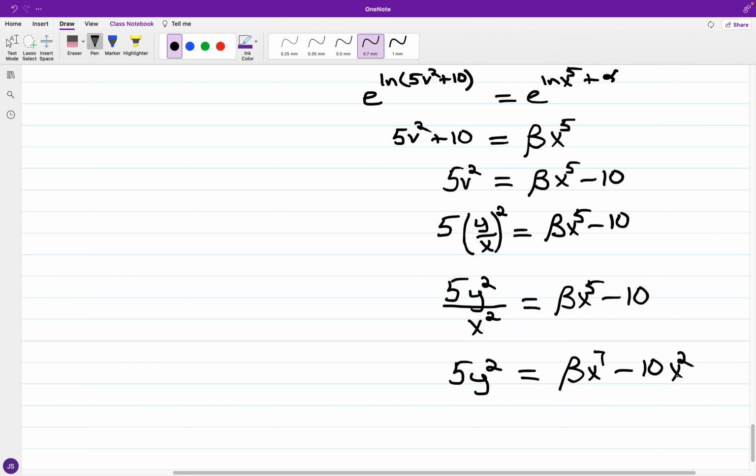And so for what we're going to have in this particular case, if I divide by 5, let's say we have y squared is equal to beta over 5, let's say that's just going to be gamma, times x to the 7th minus 2x squared. And we'll just leave this in terms of second degree. So you have y squared is equal to a constant, we'll say gamma, times x to the 7th minus 2x squared.